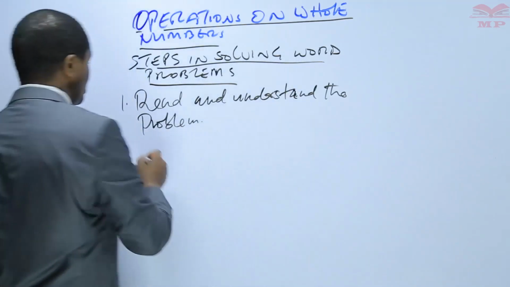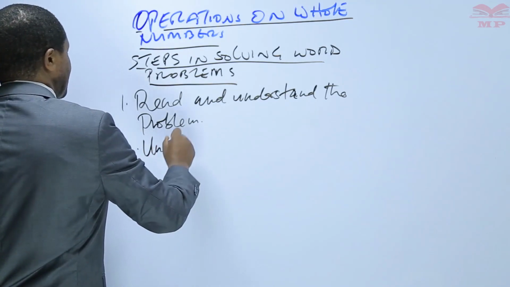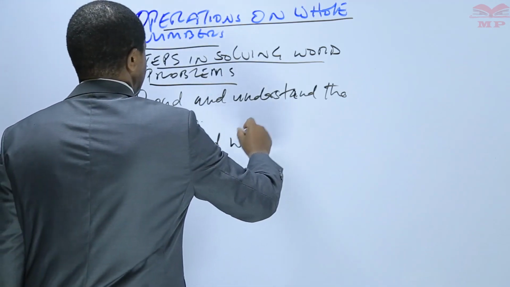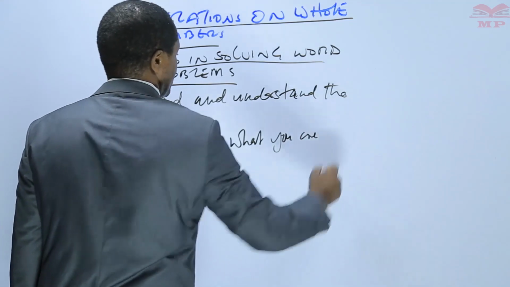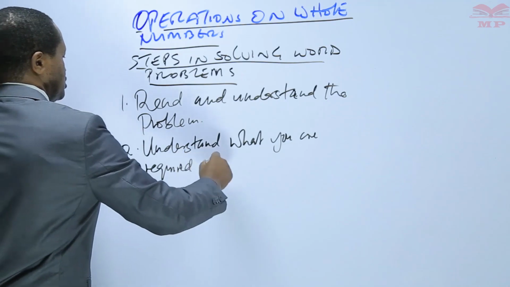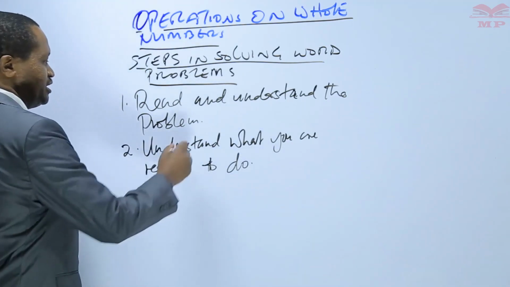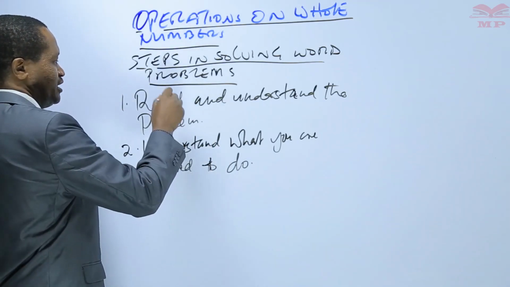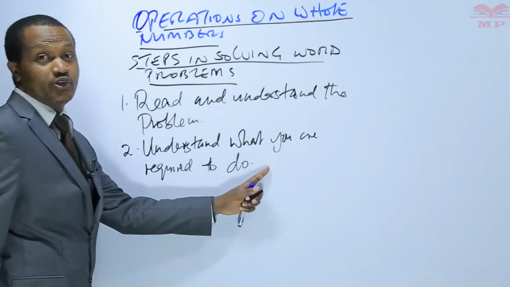Then step number 2, you need to understand what you are required to do. First you read and understand the problem, then after reading the problem, you need to understand what you are required to do.